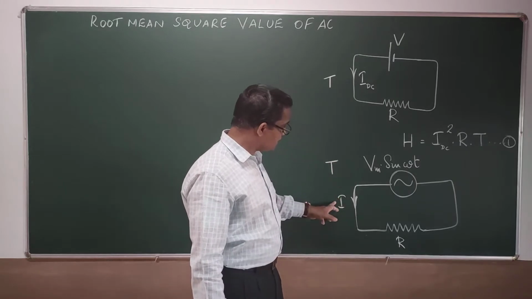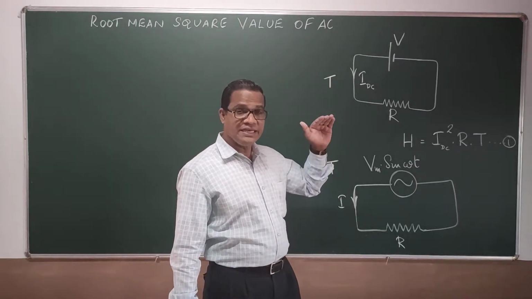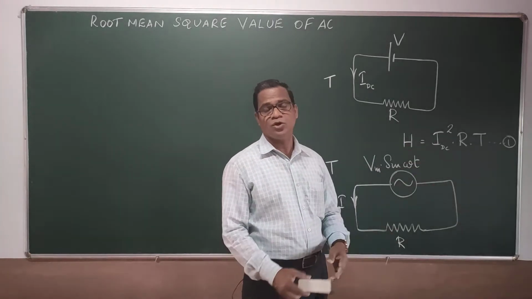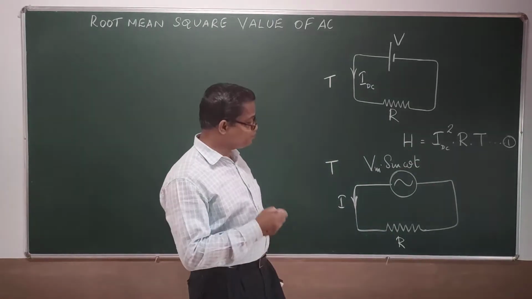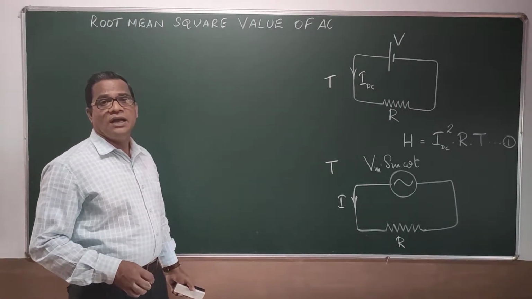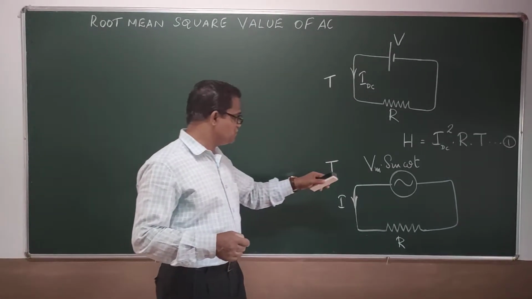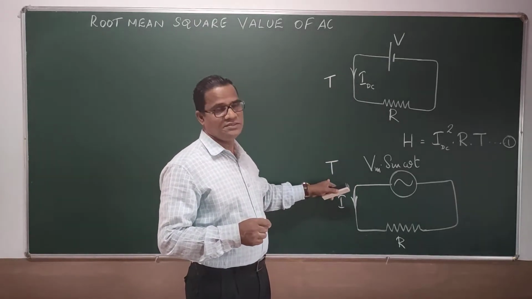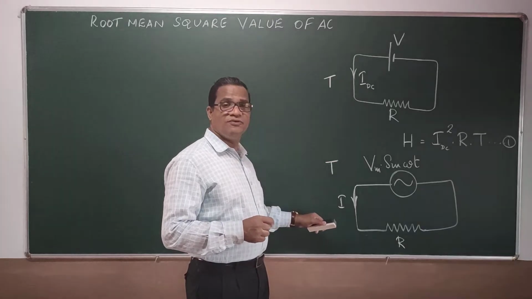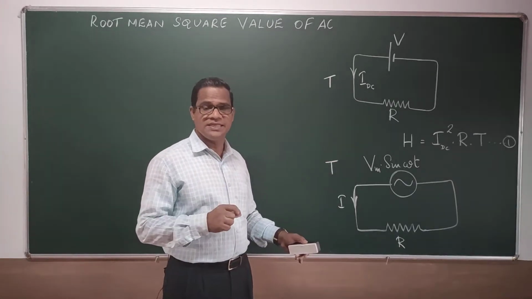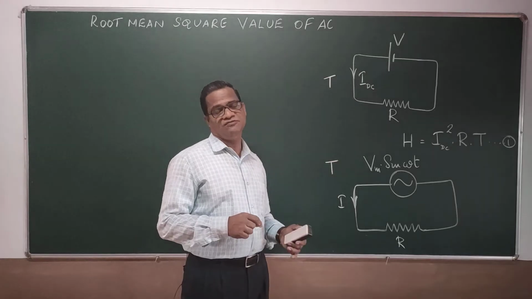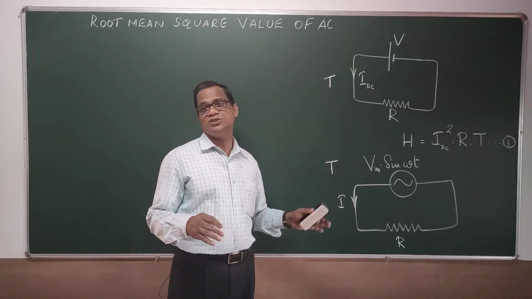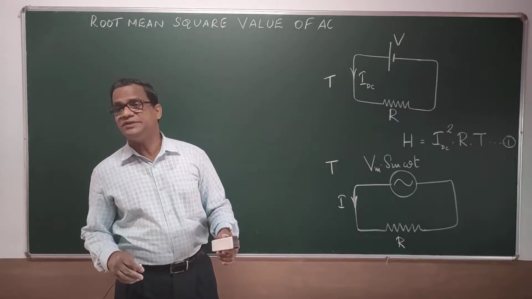But as this current is changing instantaneously, you cannot take the whole time together and write it like that. For that, you have to split the time duration capital T into very small parts, dt seconds, find the heat produced in that dt seconds as the current I flows, and then find the total heat energy for the total time duration T seconds.